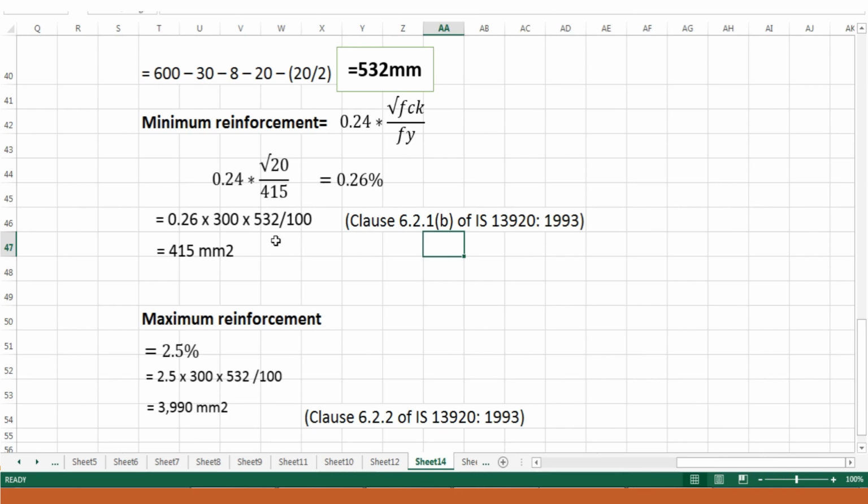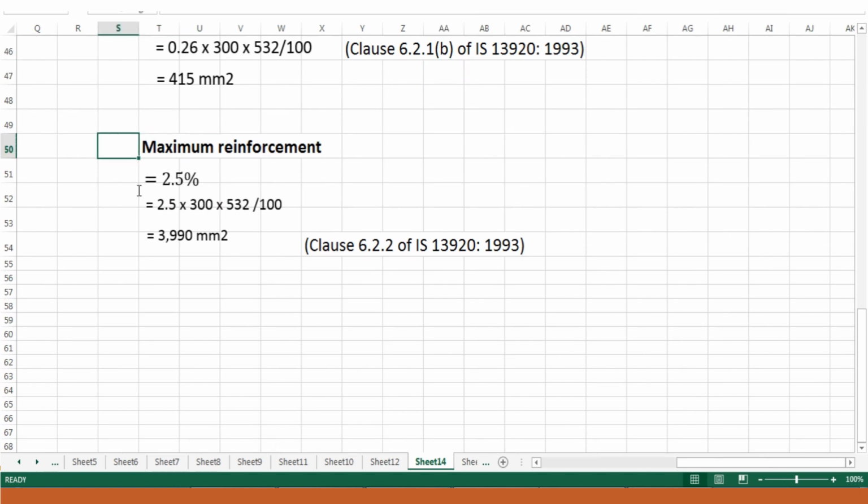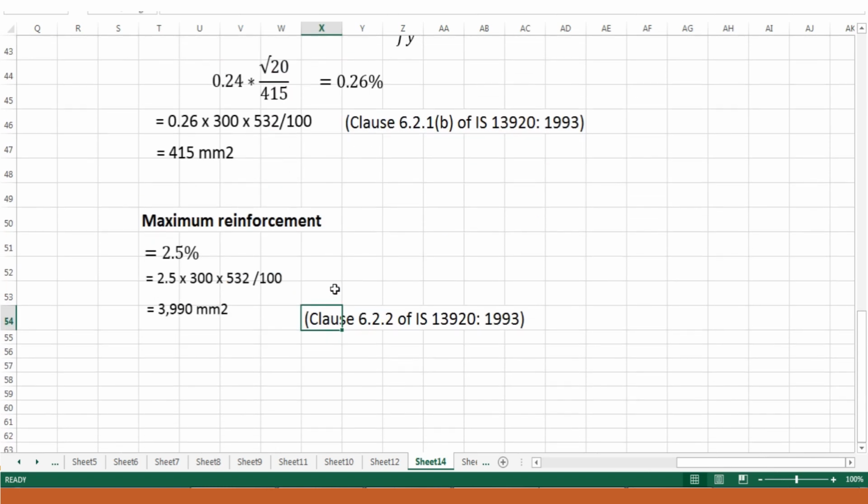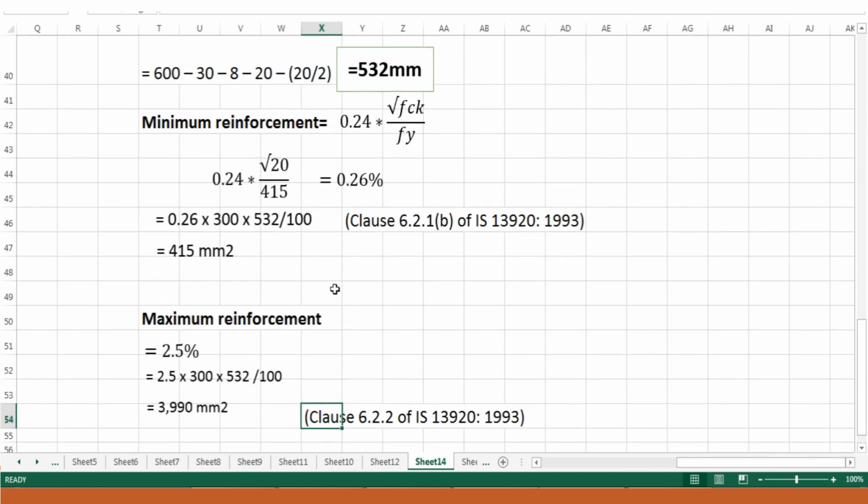The maximum reinforcement that we provide is 2.5% as per clause 6.2.2. Now these criteria that are fixed for minimum and maximum reinforcement are again based on the ductility properties of the structural element, and also on other factors like the shear reinforcement that is needed in the structural elements.